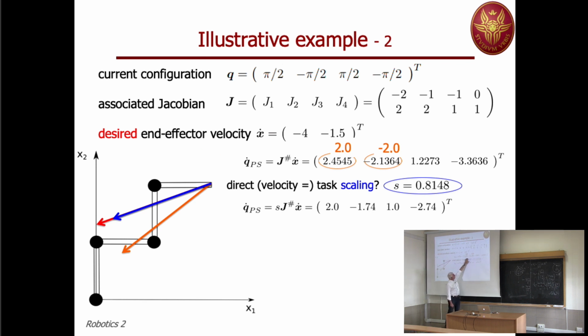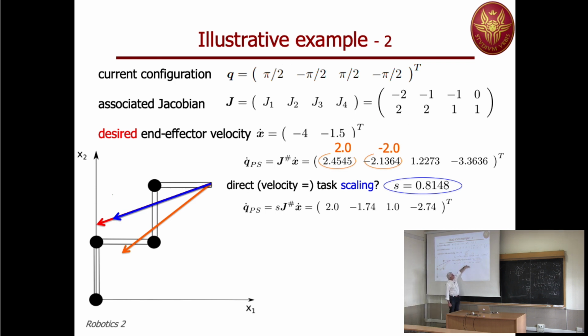So you take the most violating one, you have to bring this back with respect to its bound, to its limit, and the scaling factor is easily computed as 0.81. So you're giving up 20% of the speed, but keeping the direction of motion. And the solution is this one.